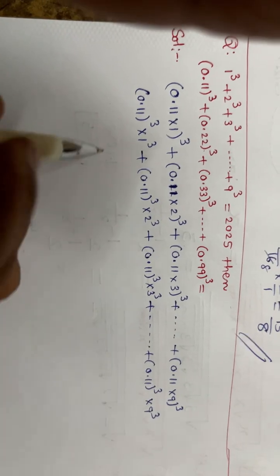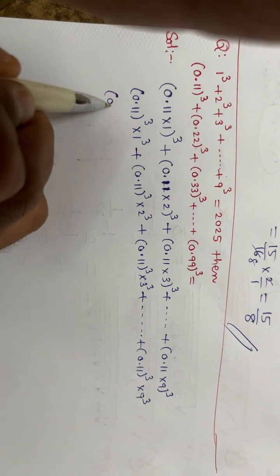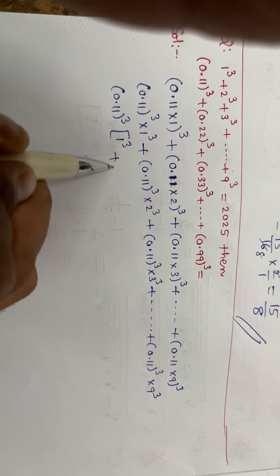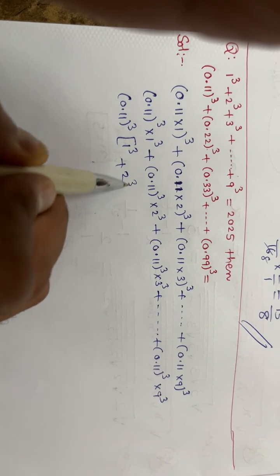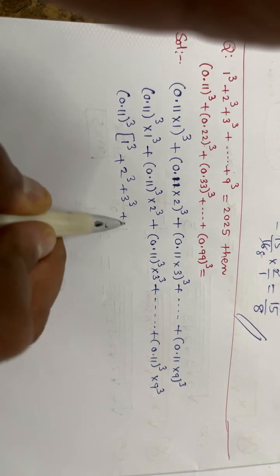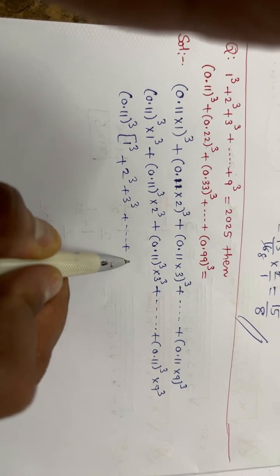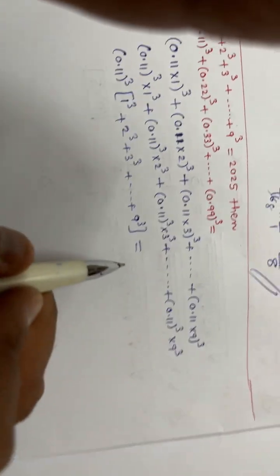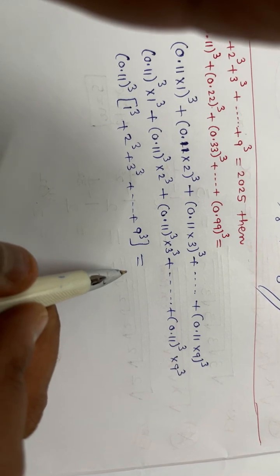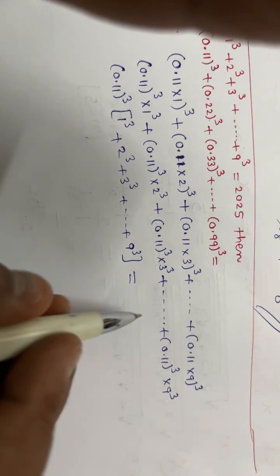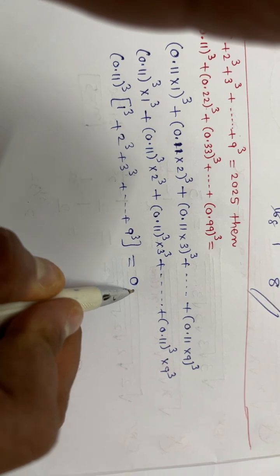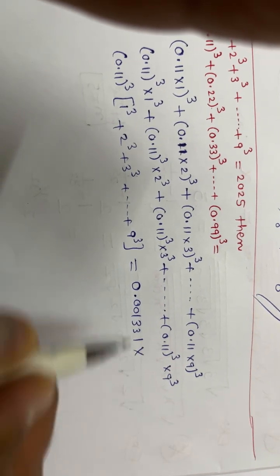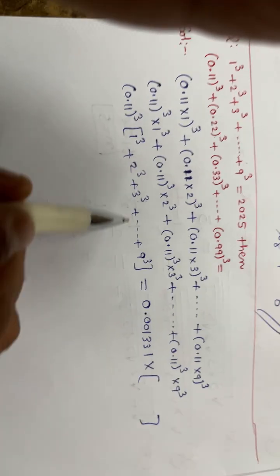So we can take common 0.11 whole cube. Later on 1 cube plus 2 cube plus 3 cube plus and so on plus 9 cube. So which is equal to 0.11 whole cube. That means I already calculated, I am just writing 0.001331 into this bracket, whose value is already given.